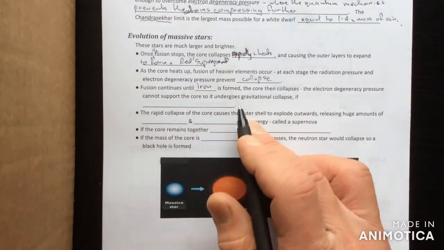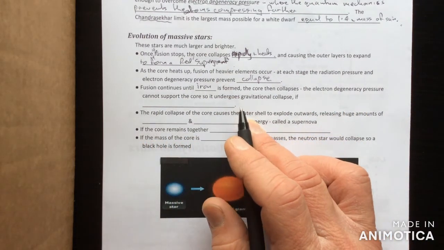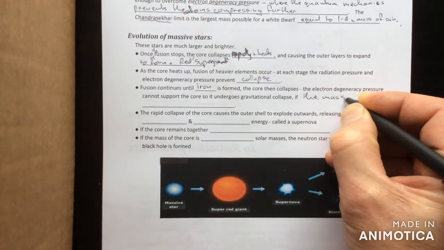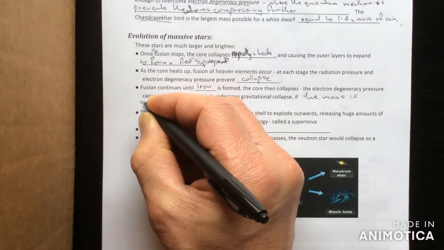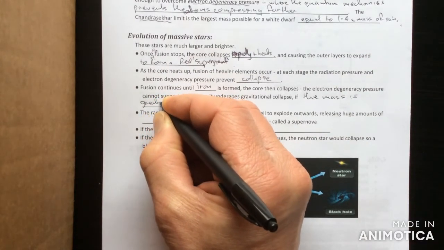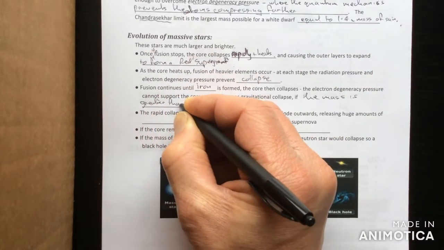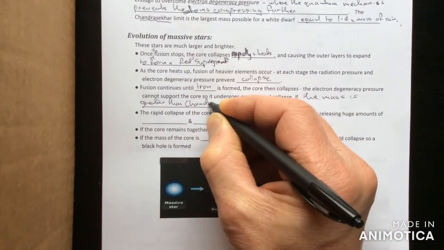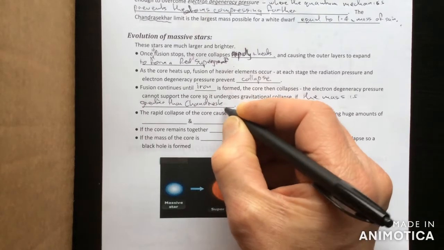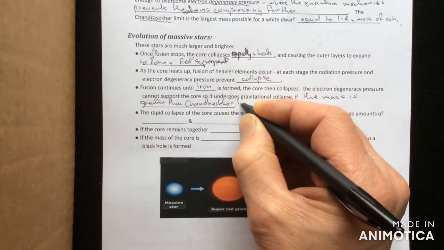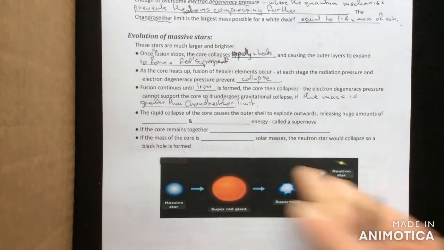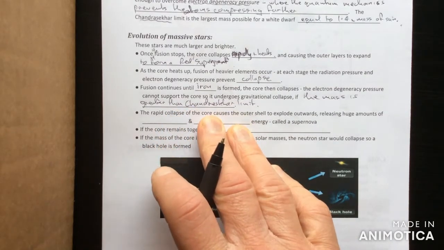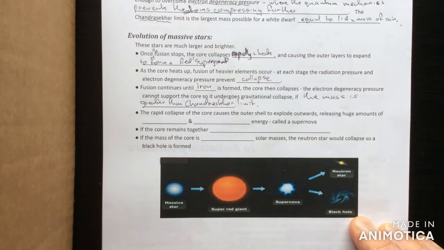So it undergoes complete and utter gravitational collapse if the mass is greater than the Chandrasekhar limit. Chandrasekhar, I can never spell this, limit. Okay, or in the exam you can get away with saying greater than 1.4 times the mass of our Sun.